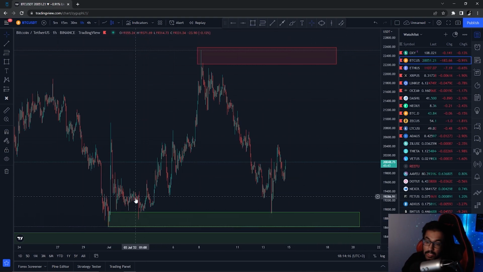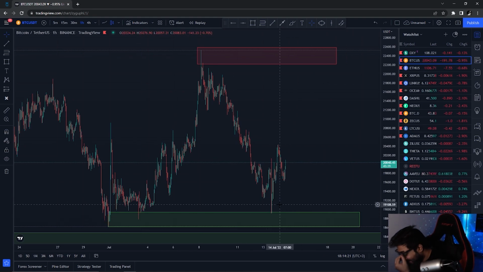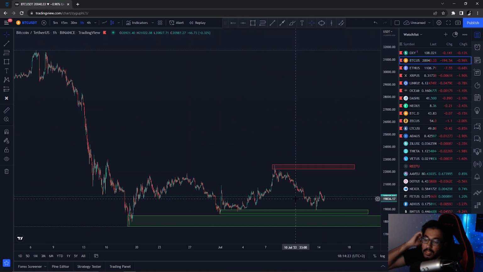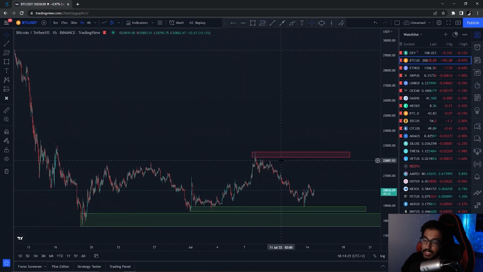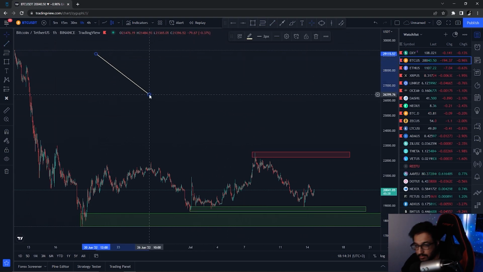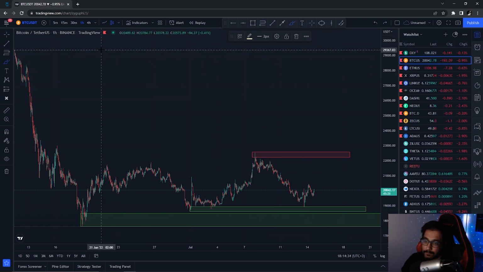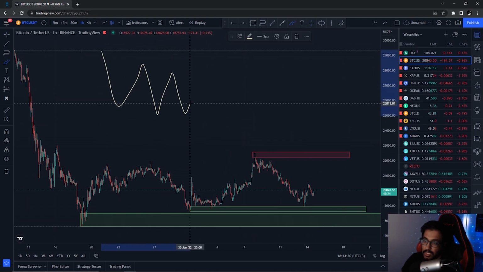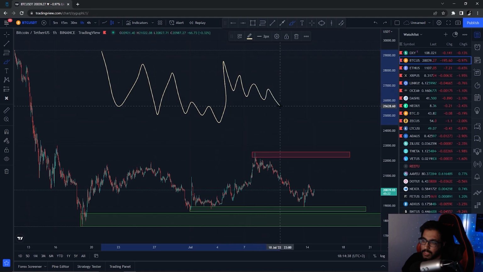You can see that the market was respected here and is also being respected right now. Now the thing is that this is an inner swing, a swing within a swing. So there's going to be a major swing, and sometimes in between there are going to be minor swings.